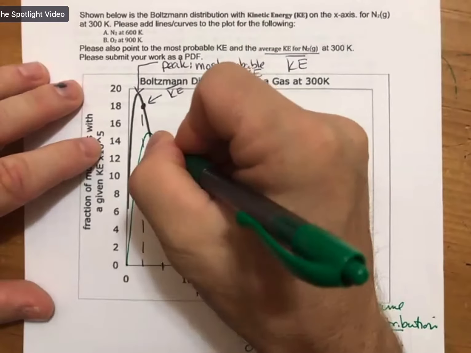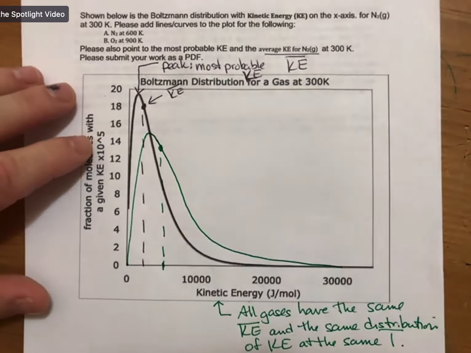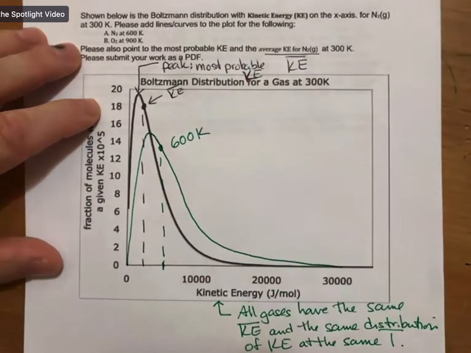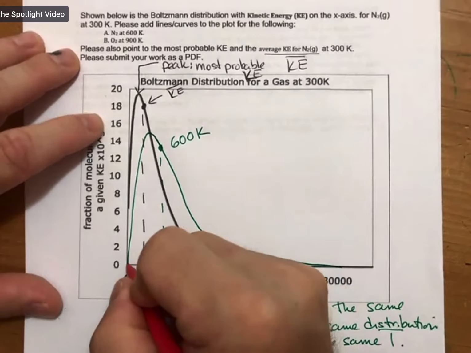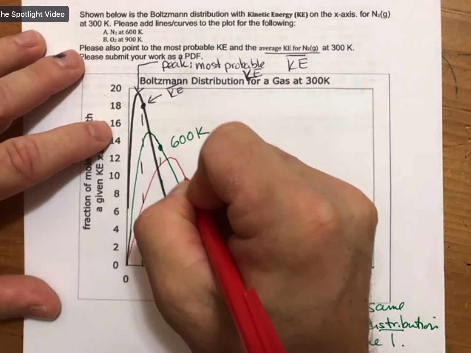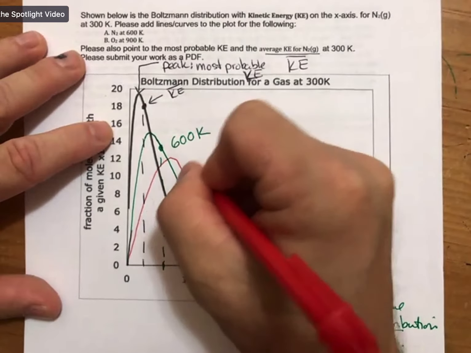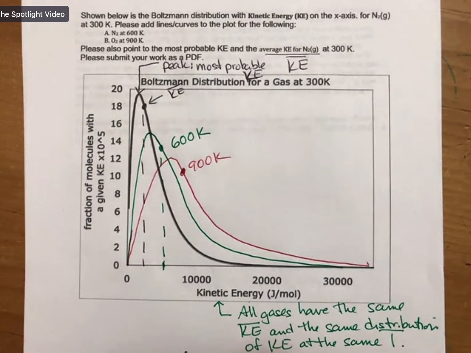And somewhere right around there, I'm not sure that actually worked out. But that's going to be my one for 600 Kelvin. And my one for 900 Kelvin should be somewhere around there.